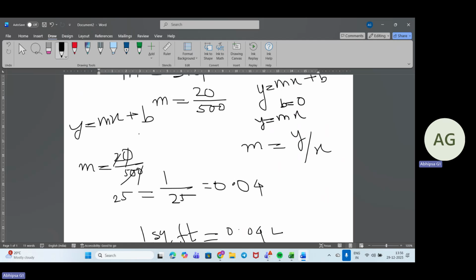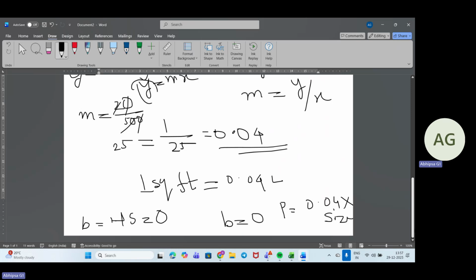Now if b equals 0, we are getting y equal to mx. So y is the price, m we have already got as 0.04, and x is the house size, which we know.